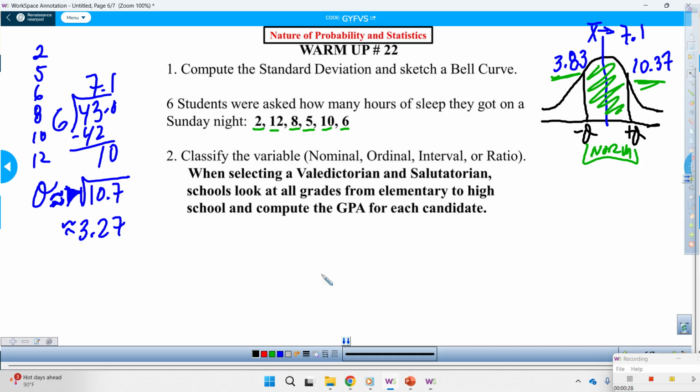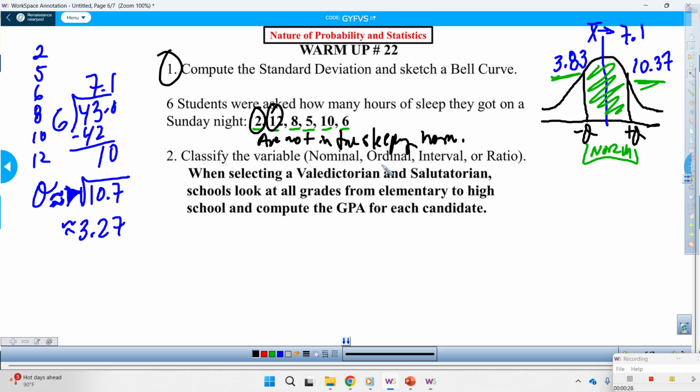What would be your conclusion? 2 and 12 are not in the sleeping norm. Agree? Yeah. Go to number 2.